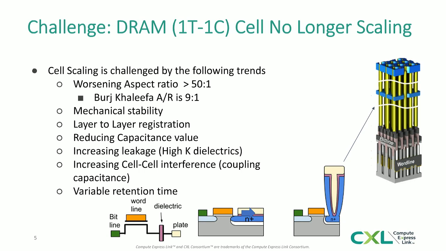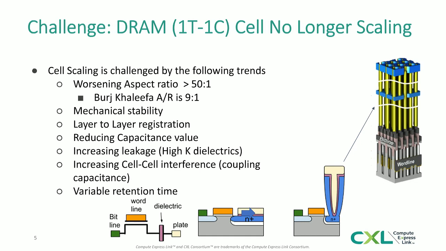One is that fabrication of this kind of tall structure is difficult and costly. Also, in order to keep the capacitance values stable, we have to increase the dielectric constants of the materials used for dielectrics, and that makes the capacitors more leaky.